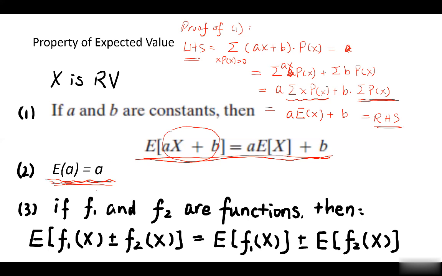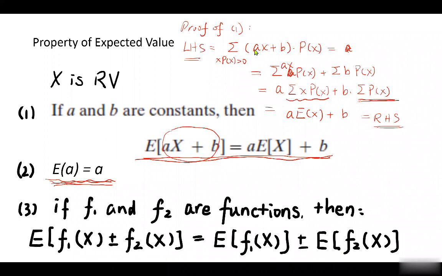The third property is if f1 and f2 are functions, then the expected value of the sum or subtraction between f1 and f2 equals, again, we can first calculate the expected value of each function and use the results to calculate the sum or subtraction.